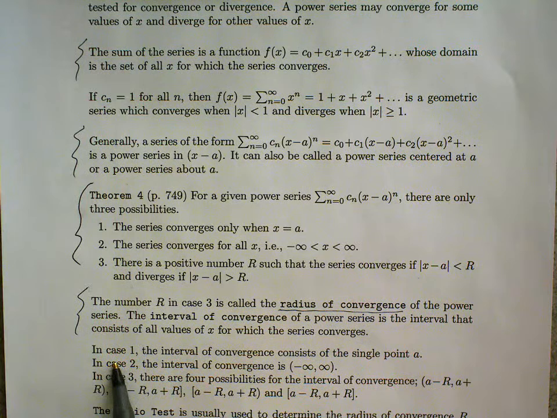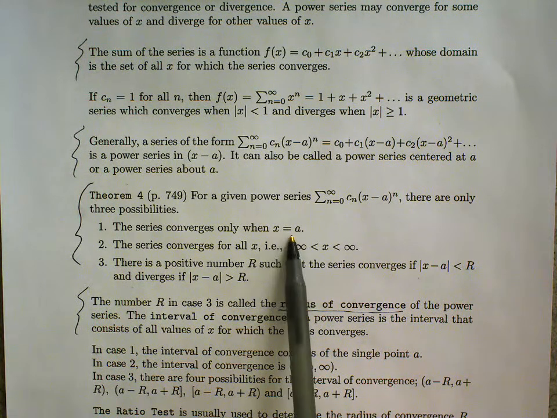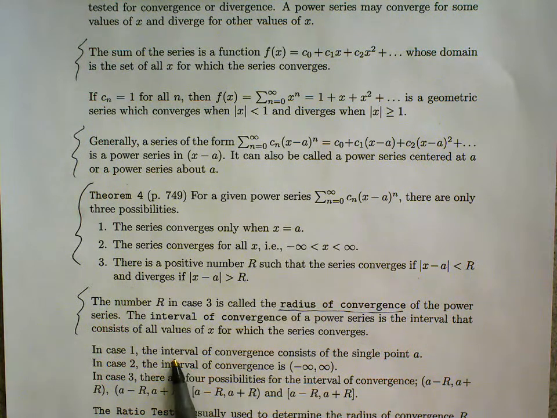In case 1, when the only solution is x equals a, then the interval of convergence consists of a single point a. In case 2, the interval of convergence is from negative infinity to infinity. And then in case 3, there are 4 possibilities for the interval of convergence.